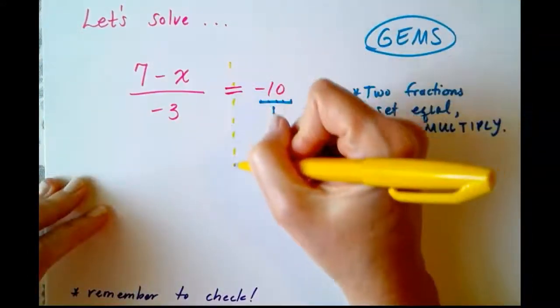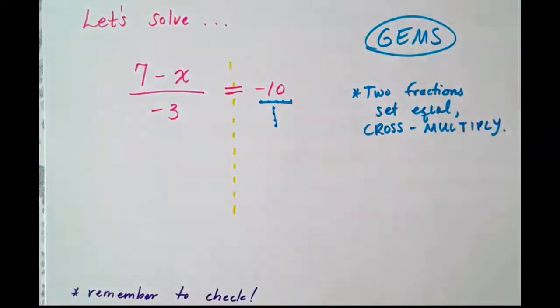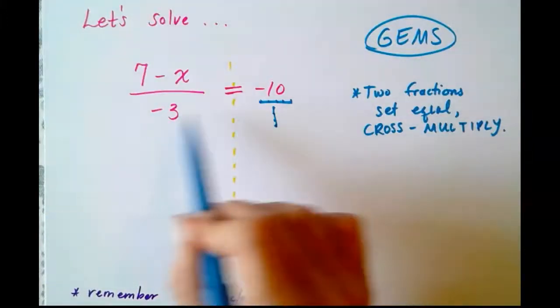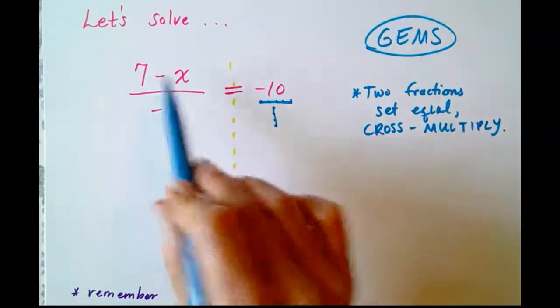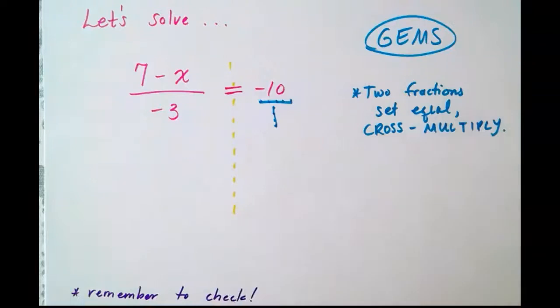So I'm going to set my equal signs in line here. And really what's happening when we cross multiply in this situation is we're just multiplying in order to set the cross products equal to each other.